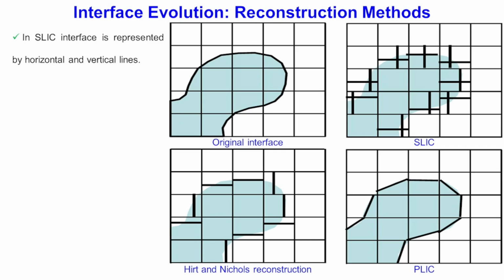So for accurately estimating that volume crossing the boundary, we take advantage of the geometry of the interface also. So basically the flux calculations are done by taking advantage of the geometric reconstruction of the interface.